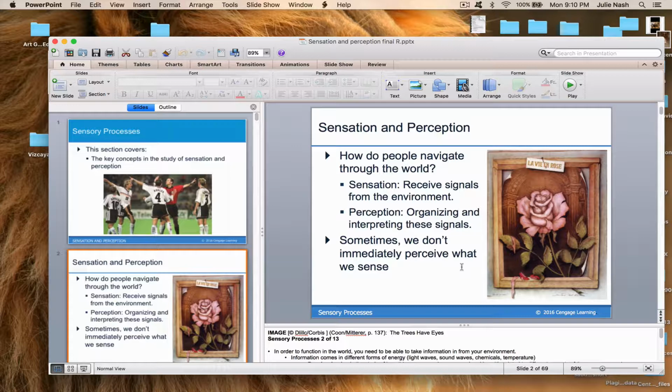Normally, when we engage in sensation, those are the things that fall on our receptors from the external environment, we use bottom-up processing. When we engage in perception, when we're adding meaning to what we're receiving on our senses, and we interpret it and organize it, we're using top-down processing.